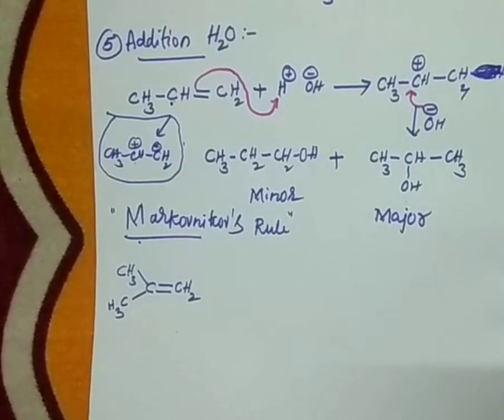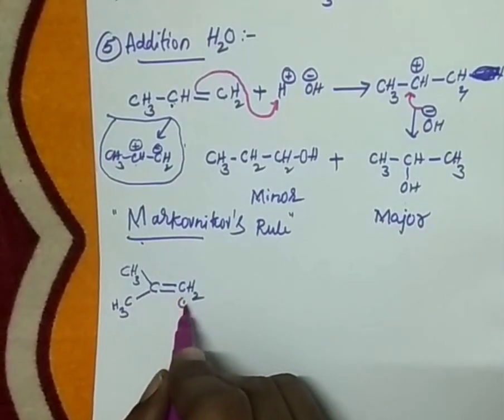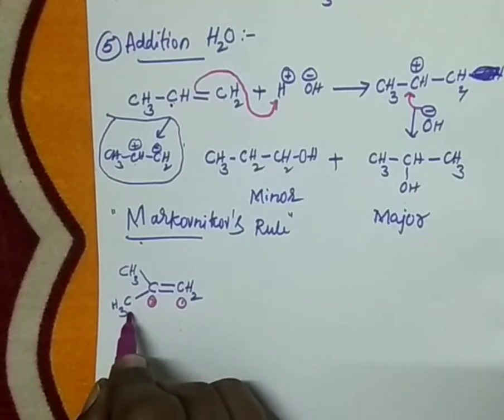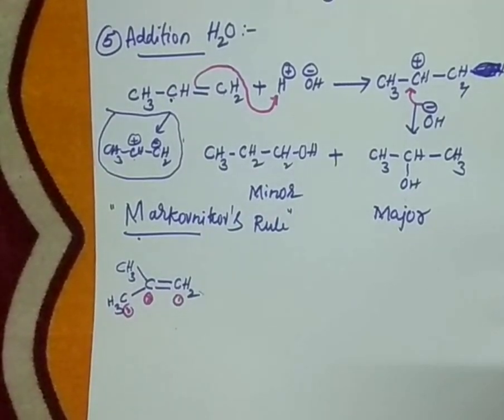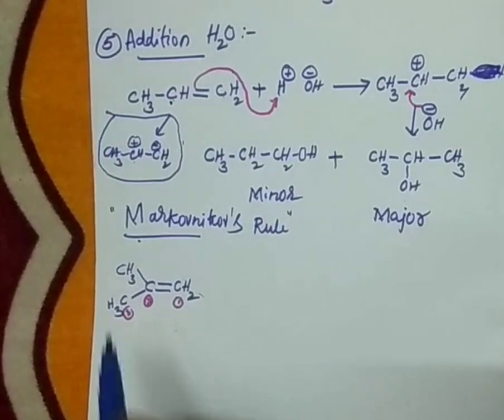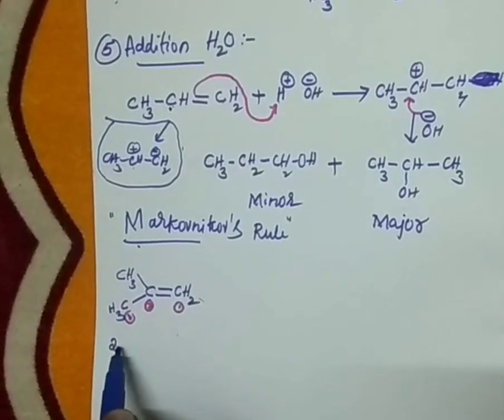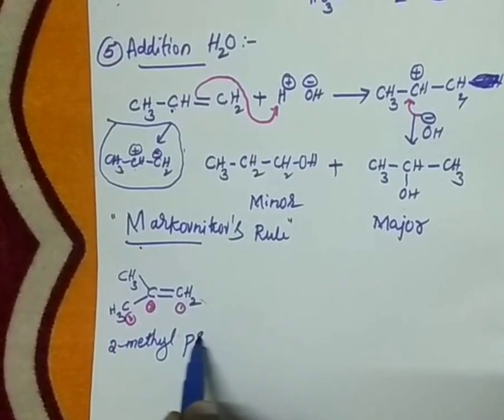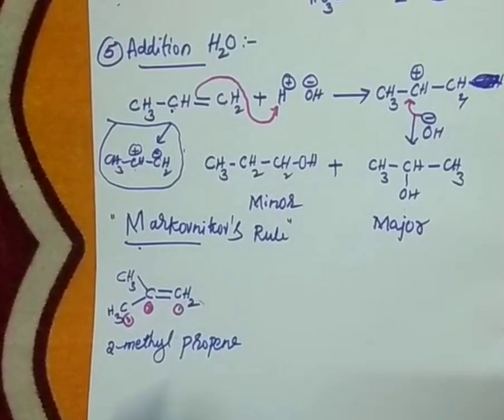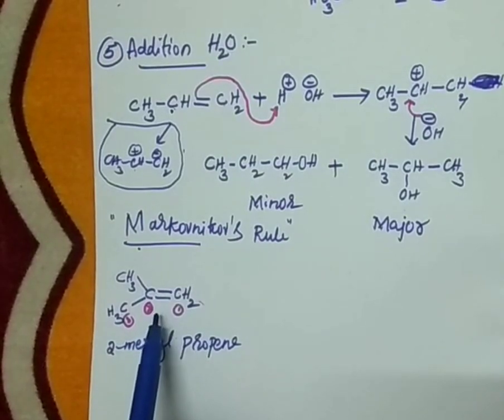Isn't it? This is 2-methyl propene because this is the first carbon, this is the second carbon, this is the third. Only a 3 carbon long chain, therefore prop. Double bond is there, therefore propene. And a methyl on the second carbon, therefore 2-methyl propene. Right? So, this is the reactant.